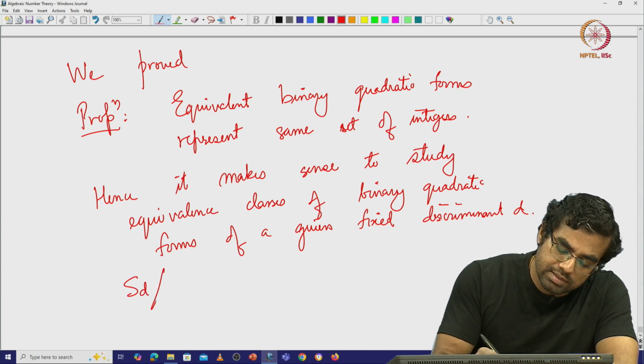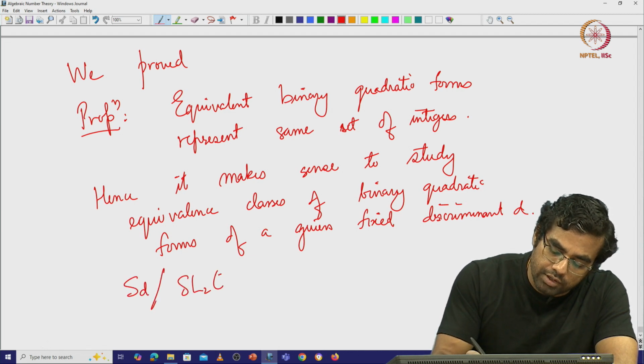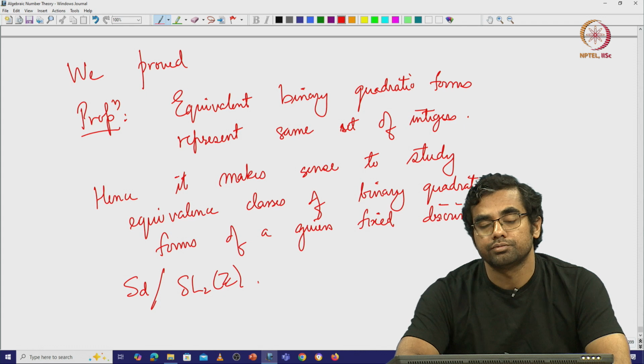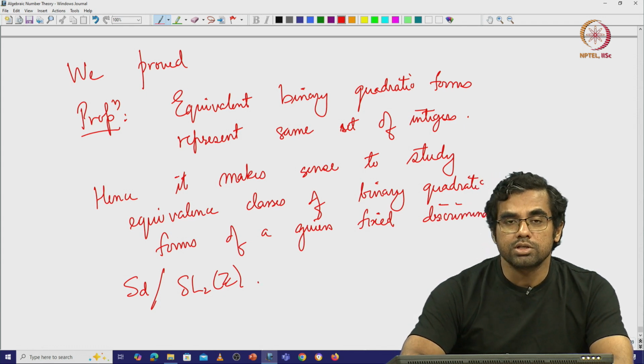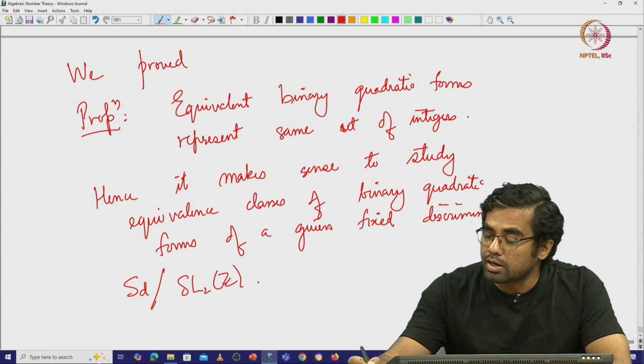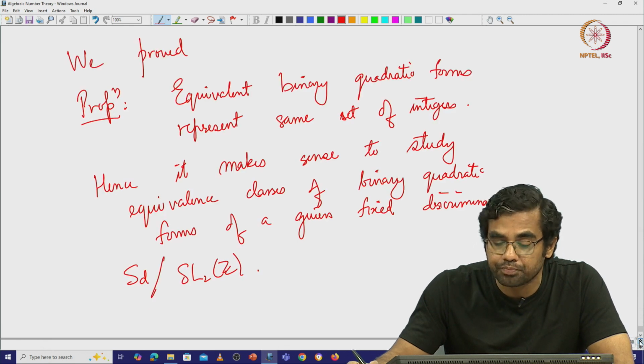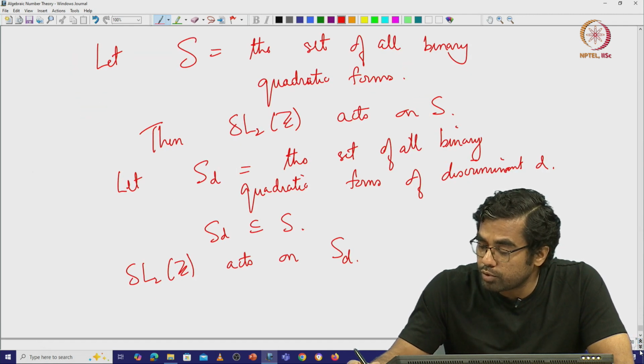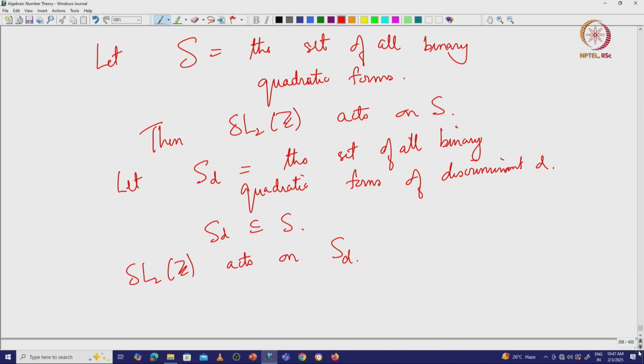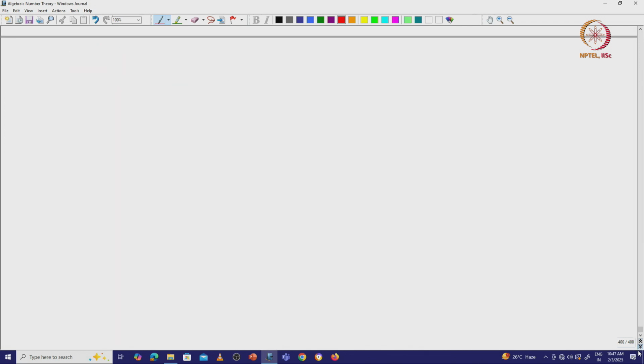We are studying SD modulo the action of SL2Z. This is what we will study next time, at least in a special case when D is less than 0. But before I stop today, let me tell you what the significance of D less than 0 is.